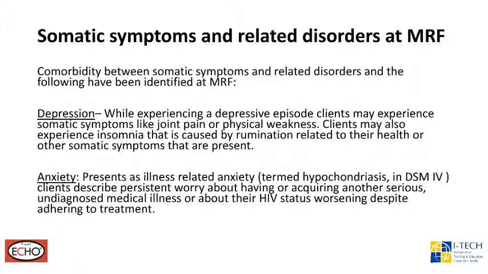So this client definitely met the criteria for somatic symptom, and the related disorder is illness-related anxiety, because these symptoms that she may be experiencing or that she was experiencing were not catastrophic ones. However, her response to them was of a catastrophic nature. So she was in significant psychological distress by the time she got to me.